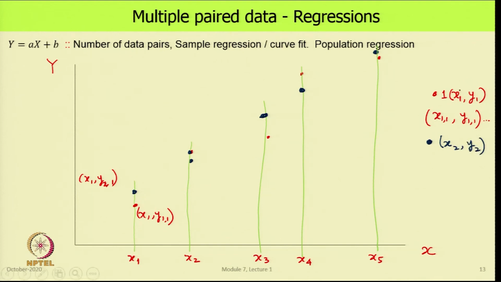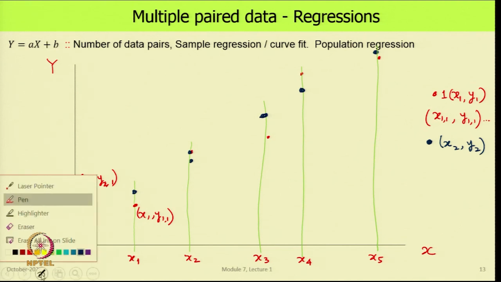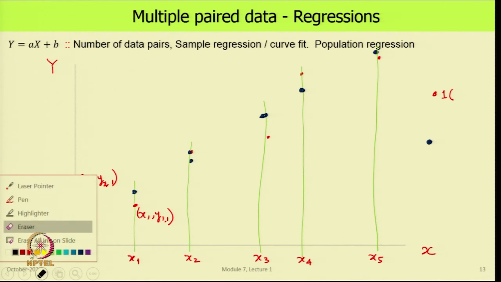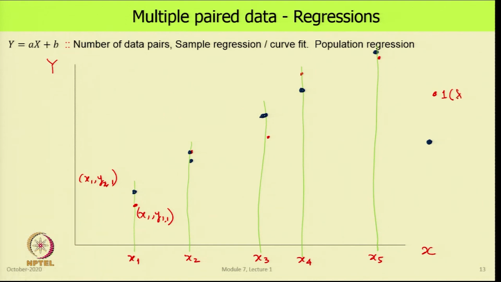We can call this capital so that there is no confusion. So, this is X1 Y1 and the second one is the second set X2 Y2.